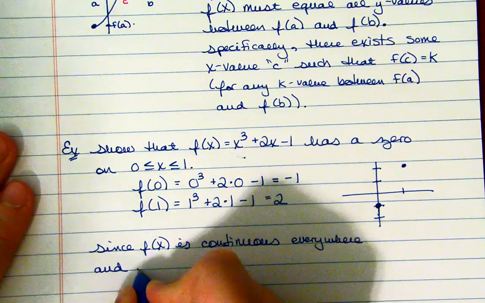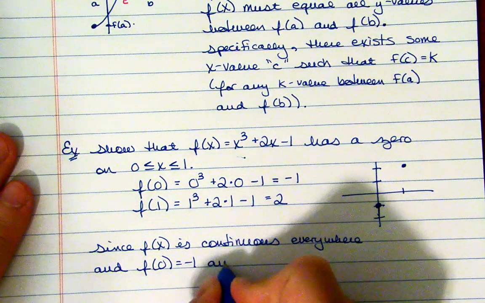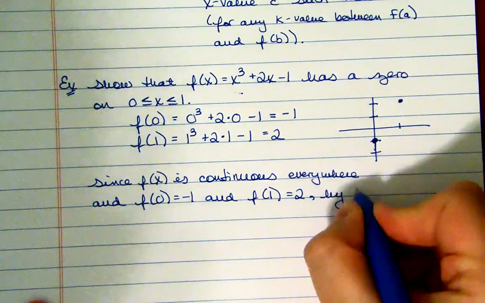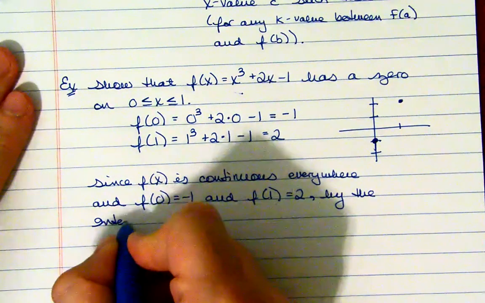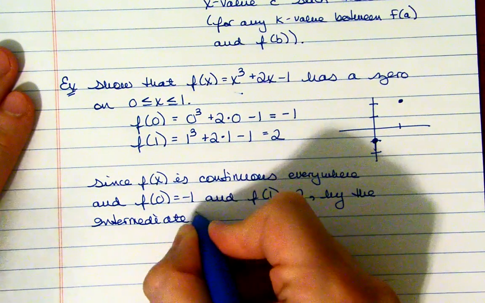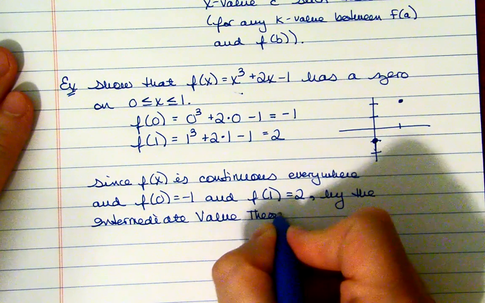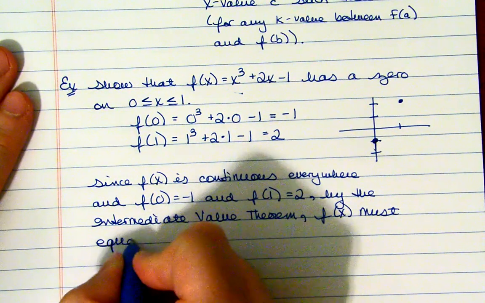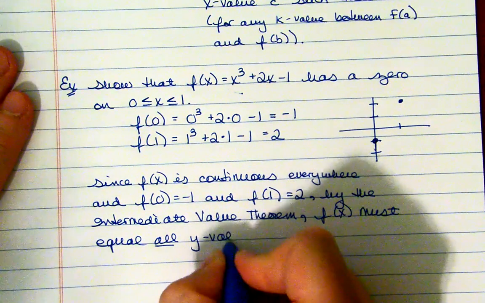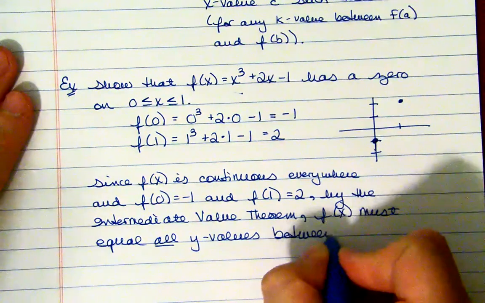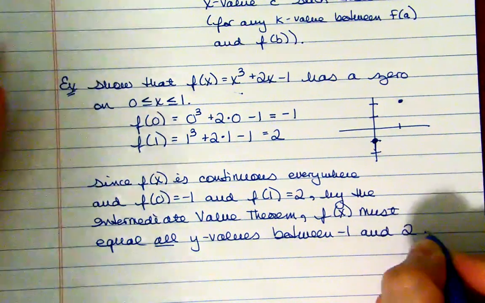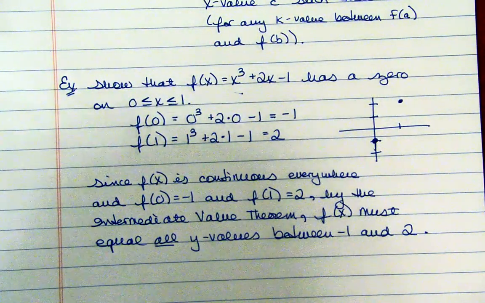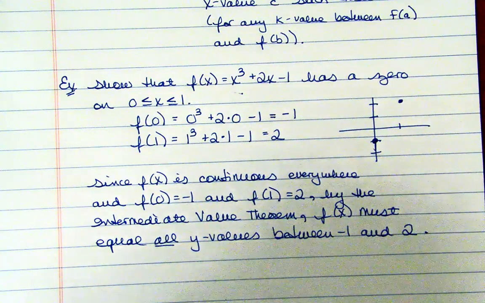And since f of 0 equals negative 1, and f of 1 equals 2, by the intermediate value theorem, f of x must equal all y values between negative 1 and 2.